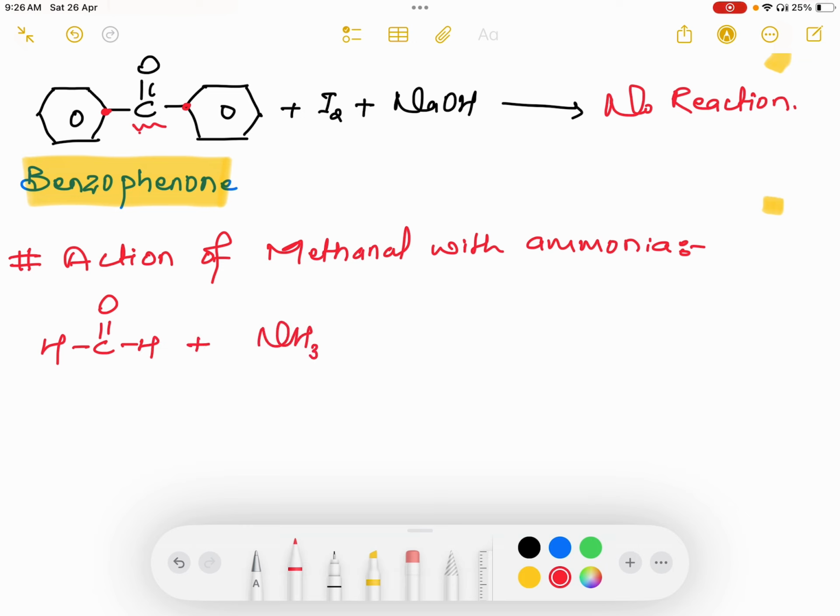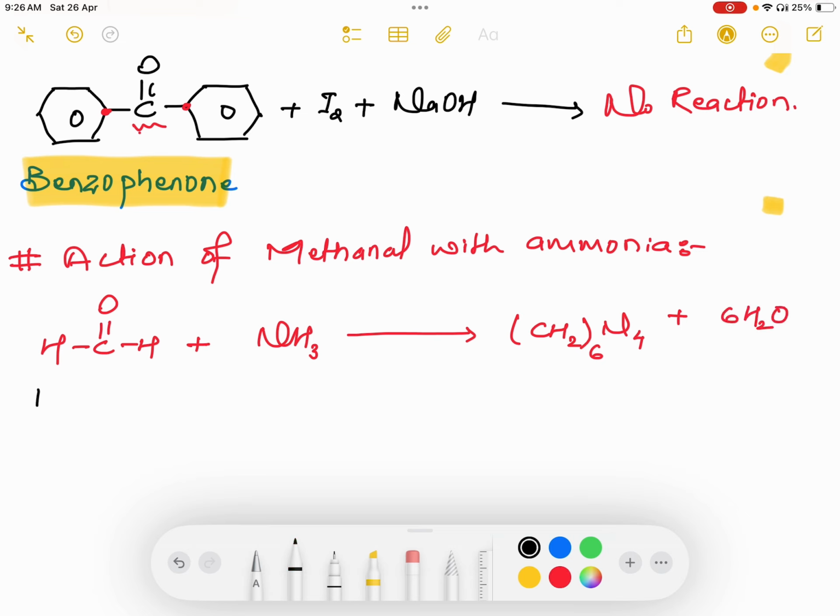So this is going to form a complex structure. When we treat it, it basically forms hexamethylene tetraamine. The structure we will have is hexamethylene, so (CH2)6 N4. This type of complex structure will be formed over here.